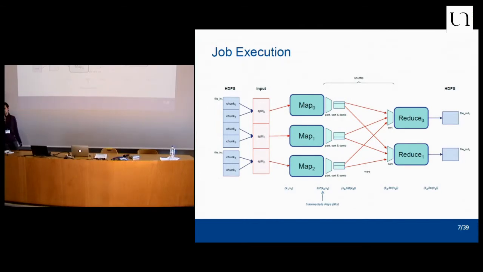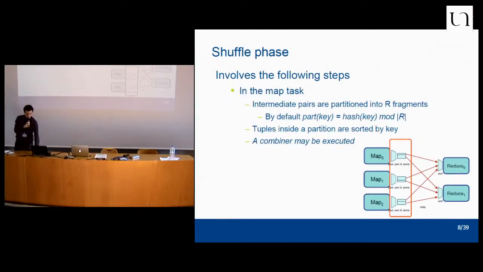Several map tasks execute in parallel, which is called the map phase. Then there is an intermediate phase, the shuffle, which we'll see later, and which is in charge of grouping all the values for the same key. Finally, the reduce tasks will receive the values of the keys, apply the function provided by the user and generate the output.